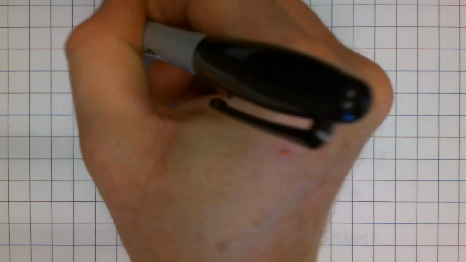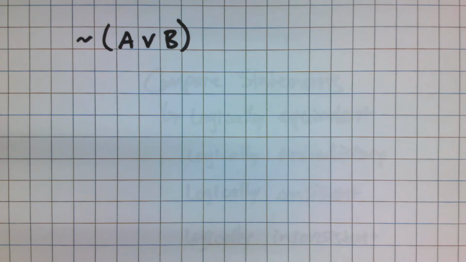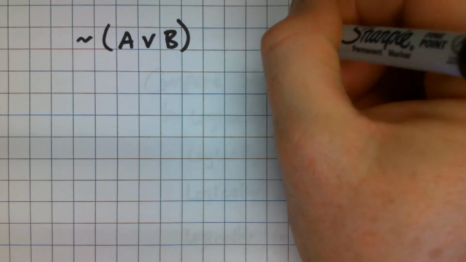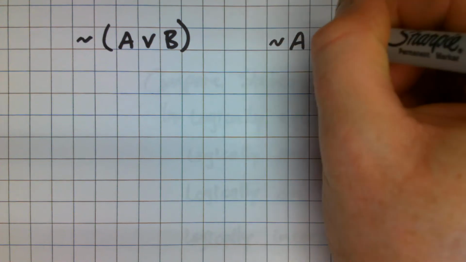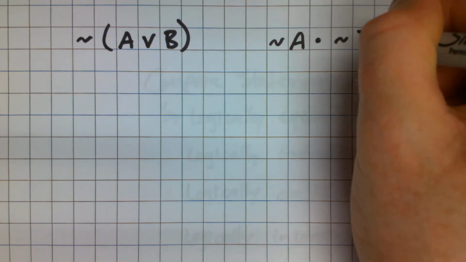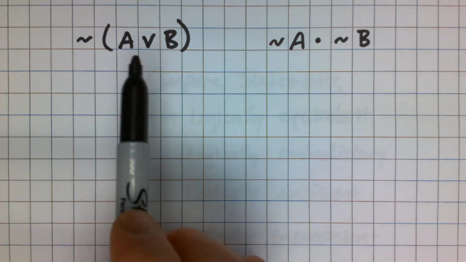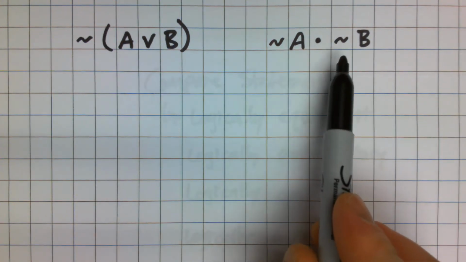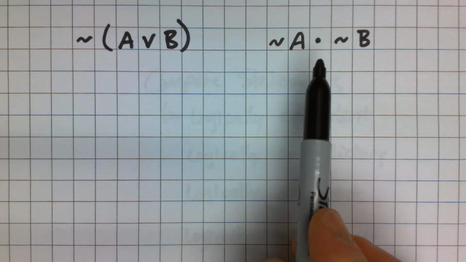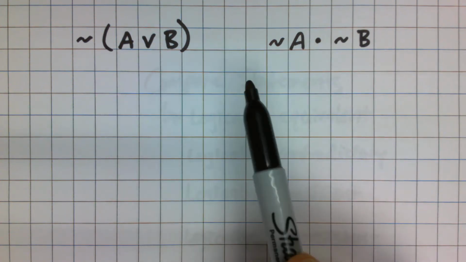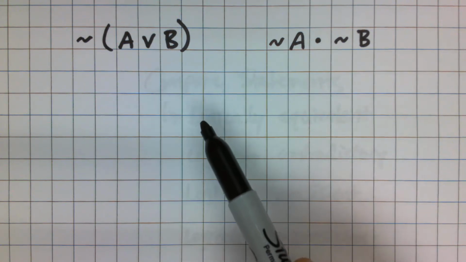Statement number one: it is not the case that either A or B. Statement number two: not A and not B. So these statements have the same atomic propositions, and that's what allows us to compare them to determine whether they are equivalent, contradictory, consistent, or inconsistent.